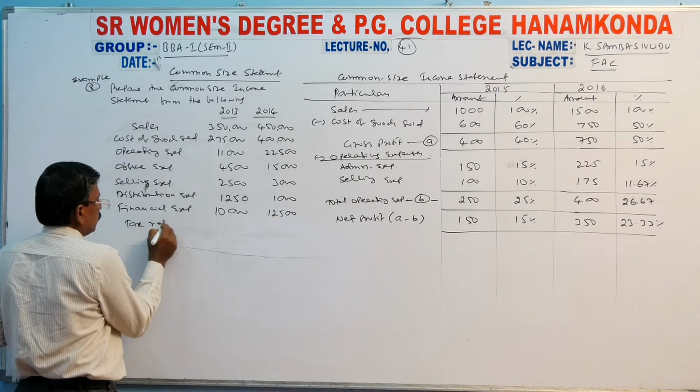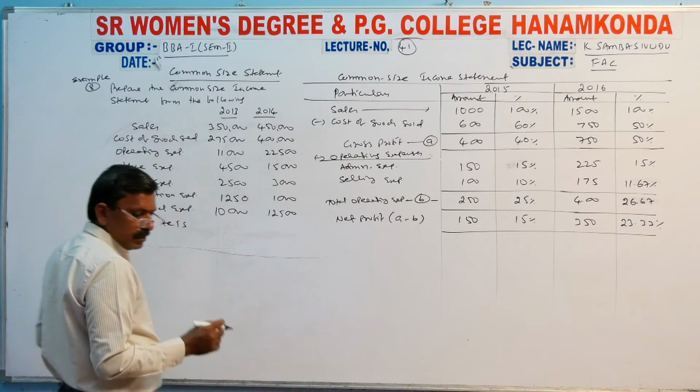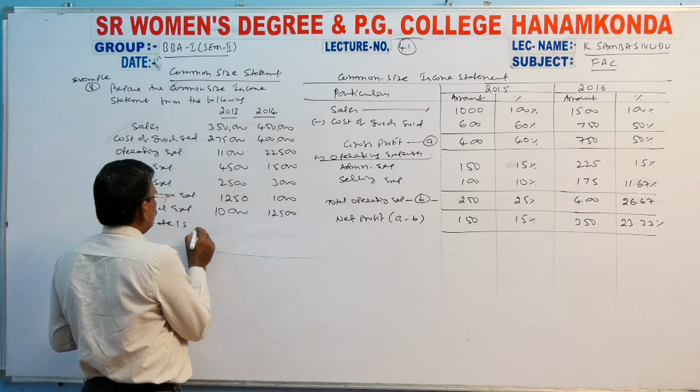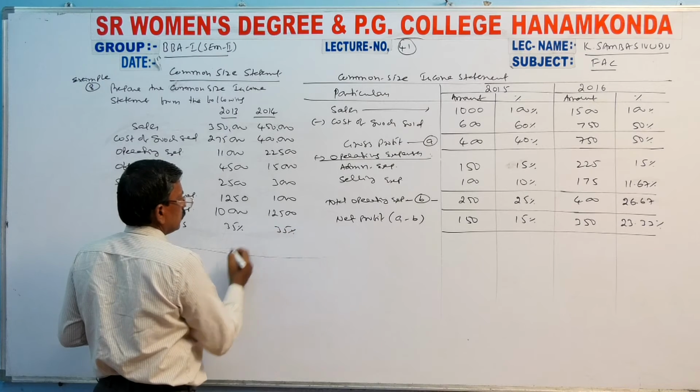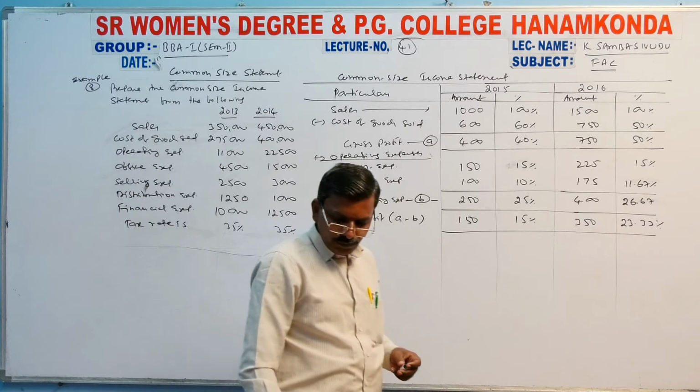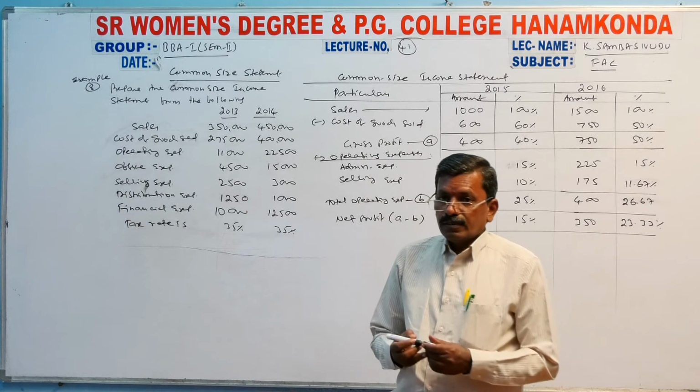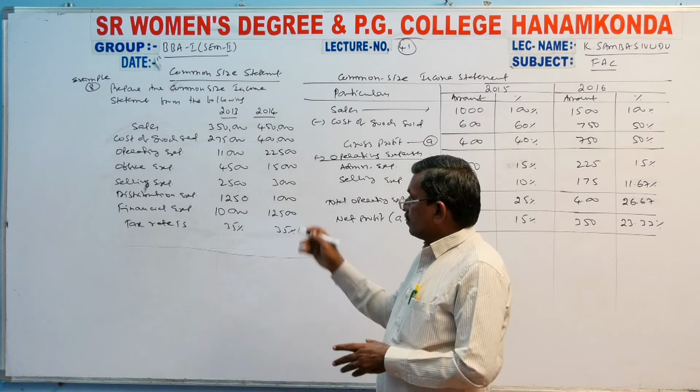Tax rate is 35%. So this is the example problem.